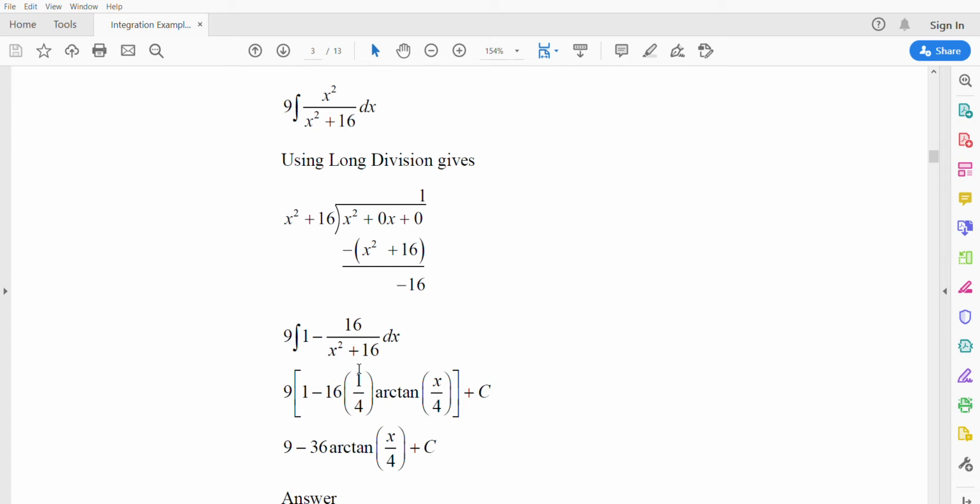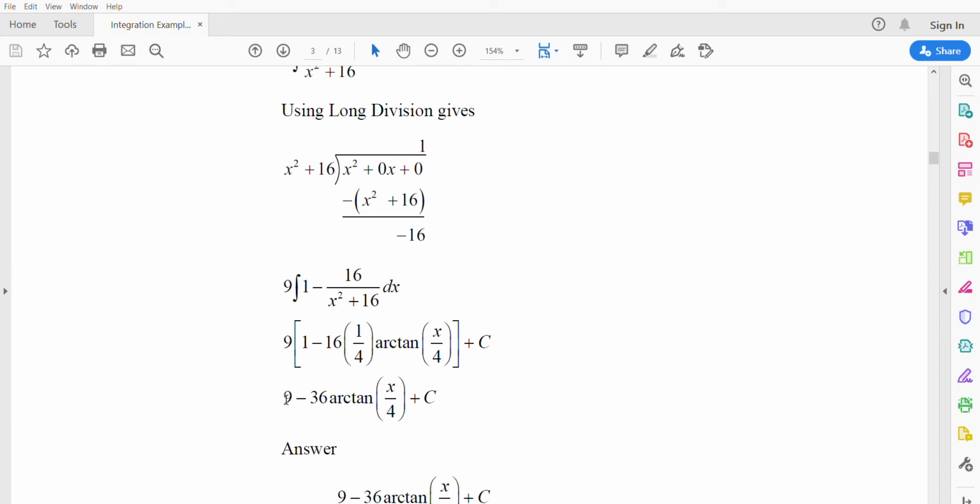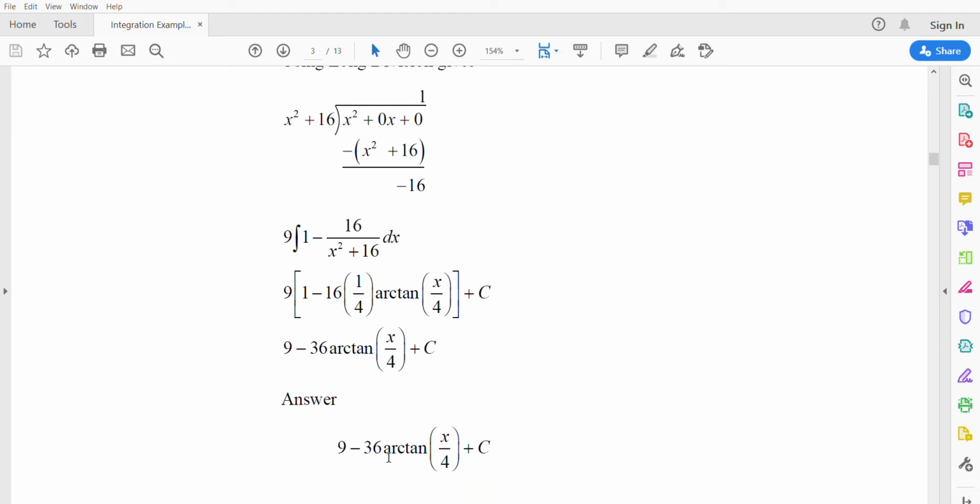Now the 16 and the 1/4 are going to reduce to a 4, and then when I distribute the 9 through, that gives me a 36. So this should be 9x here, minus 36 times arctangent of x over 4 plus a constant, which then gives me my answer of 9x minus 36 times the arctangent of x over 4 plus a constant.